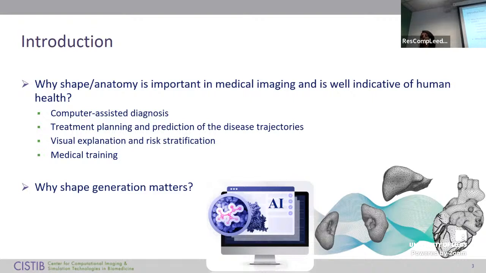It seems that shape generation, or synthetic shape generation, could be a possible solution here. A big application here is in silico trials. Using these shape generation models, we can create a virtual cohort of patient data to optimize and assist our medical devices.